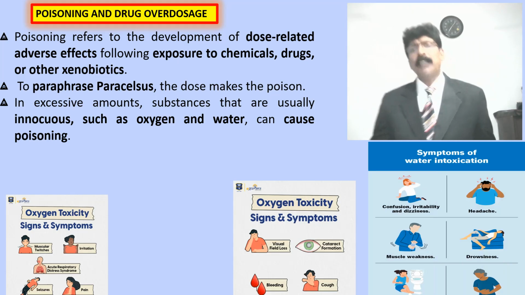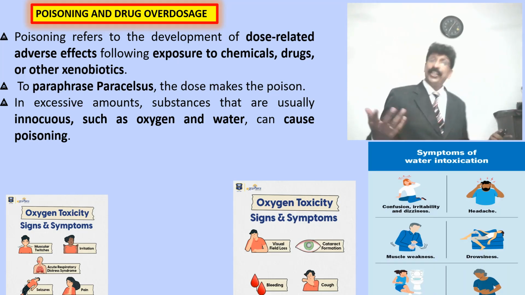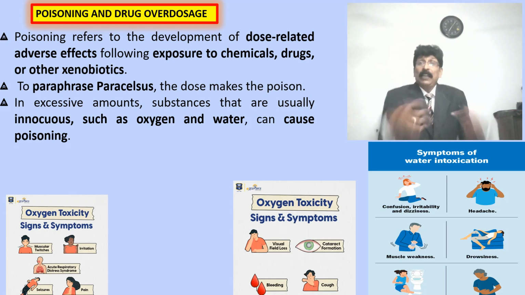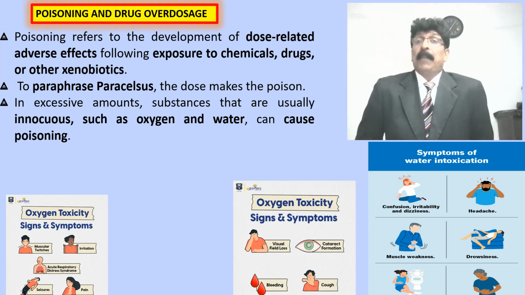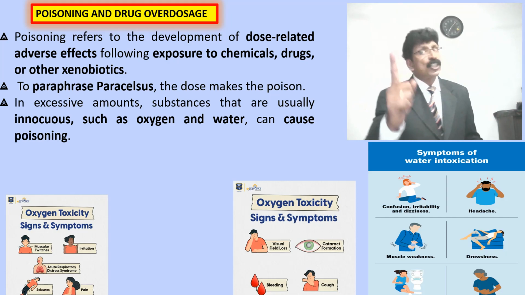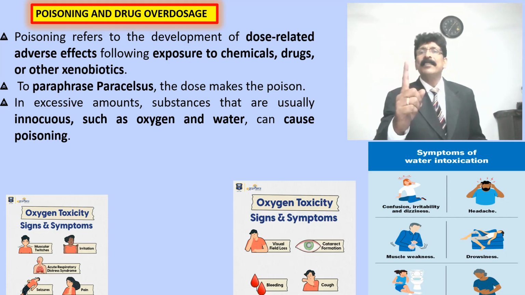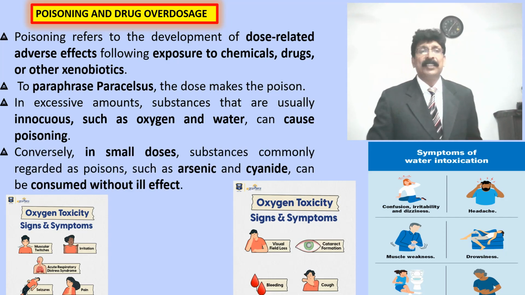Symptoms of water intoxication: headache, confusion, irritation, muscle weakness, drowsiness, nausea, vomiting, bloating in the stomach. These all come from the water itself. So the dose decides whether it is a food or a drug or a poison.